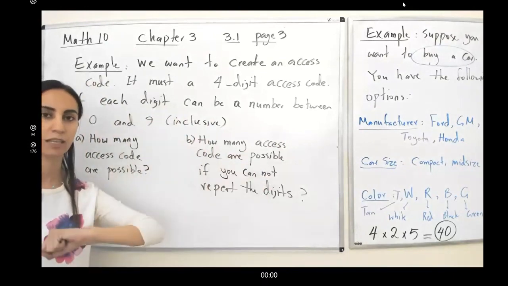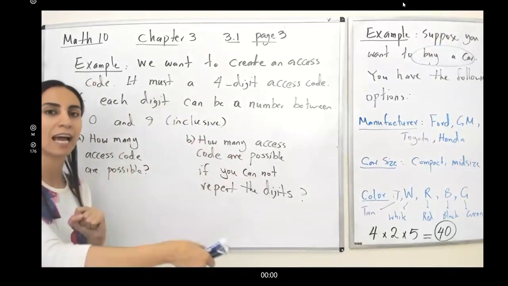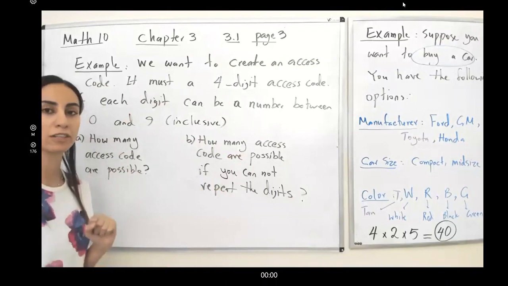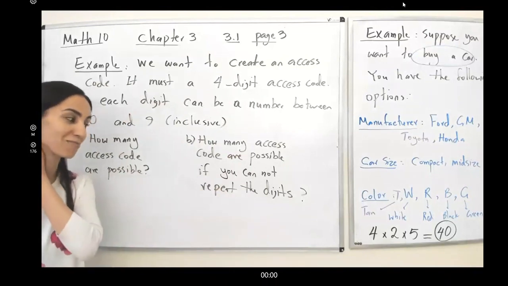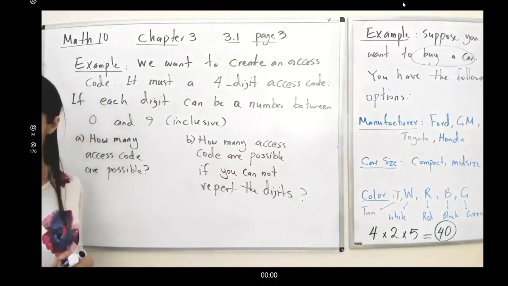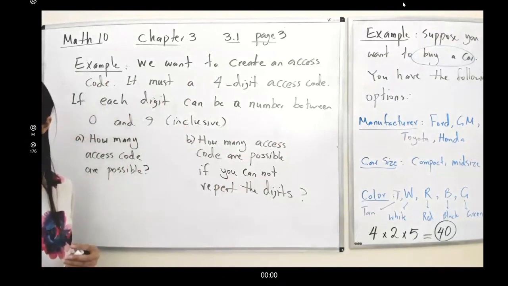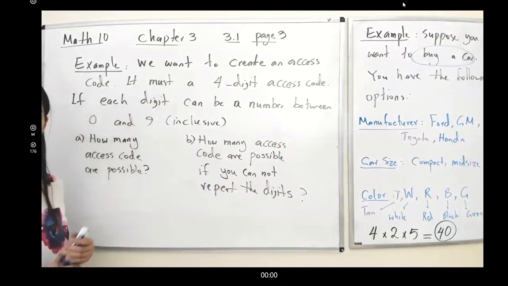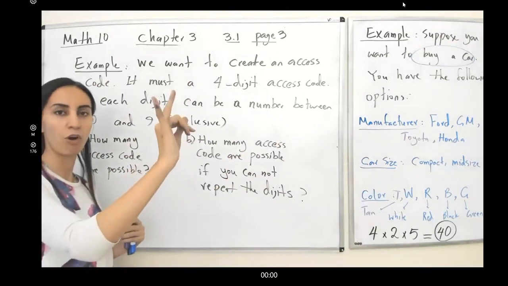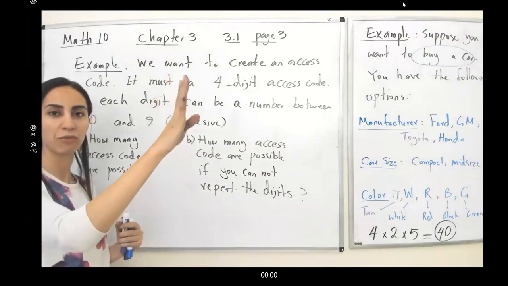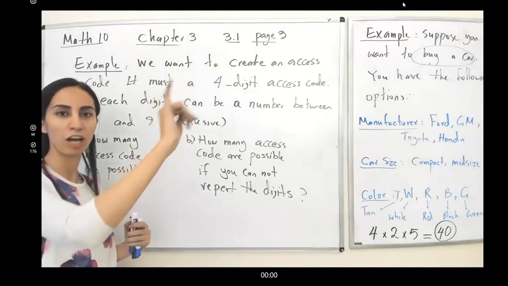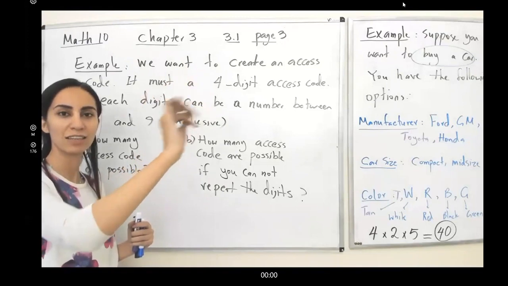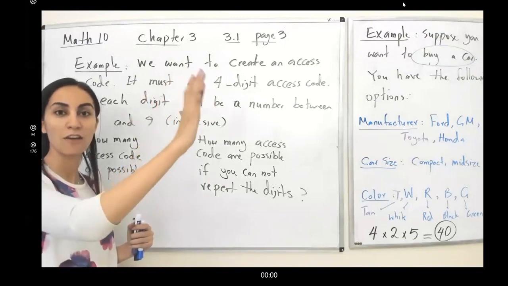It means that if you select the first digit, you cannot have the same digit in other places. So here you have 0, 1, 2, 3, 4, 5, 6, 7, 8, and 9.